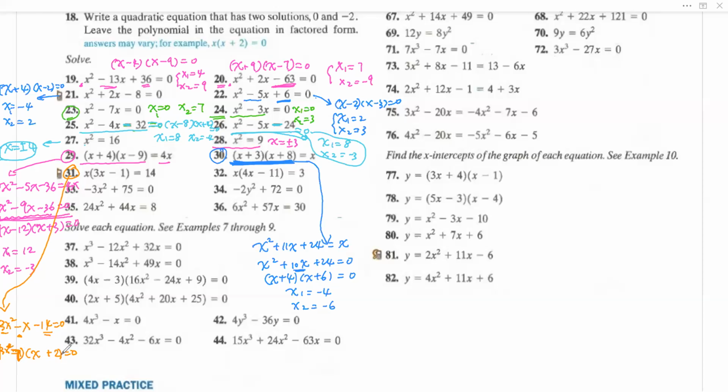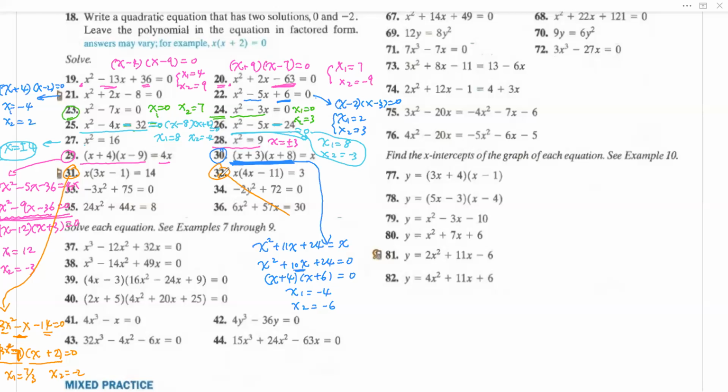So positive 6x, negative 7x, you get a negative 1x out of here, right? And the last one, negative 14. So you get (3x minus 7)(x plus 2). So one of them is 7/3. The second one is negative 2. A little bit more complex than what we talked about earlier in the class, right?